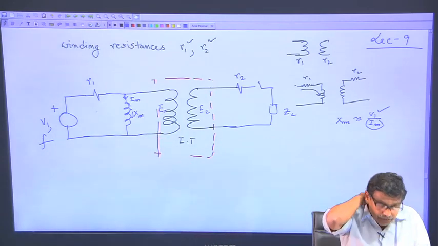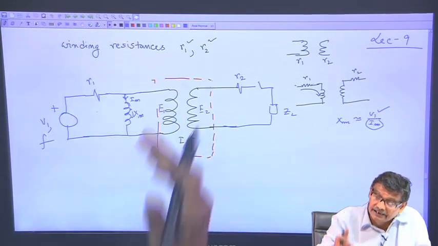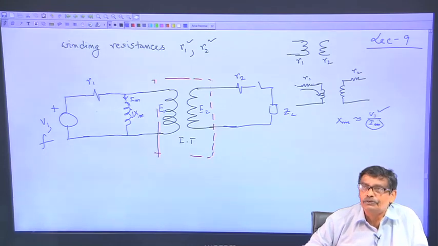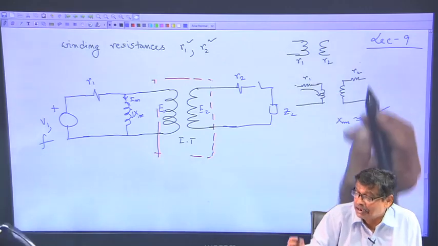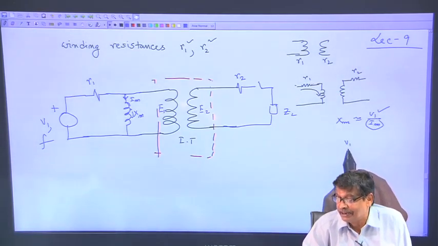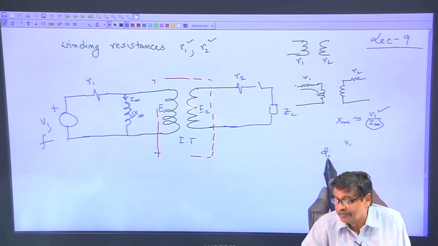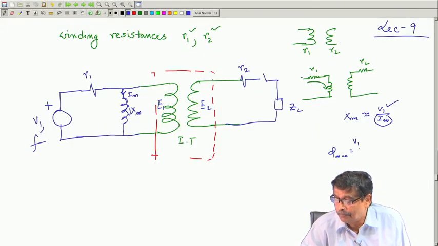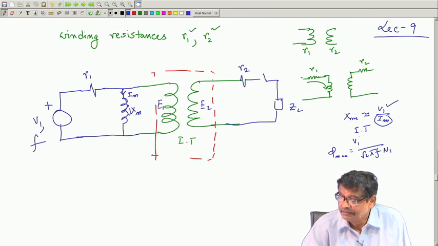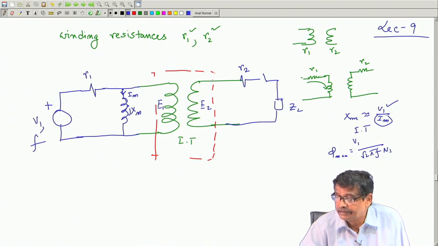Therefore, the magnitude of the voltage applied to this ideal transformer will not remain constant, as we were thinking in case of an ideal transformer. I was telling that the level of flux phi max in an ideal transformer is equal to applied voltage divided by root 2 pi f into n 1, and if applied voltage and frequency are constant, phi max gets decided.